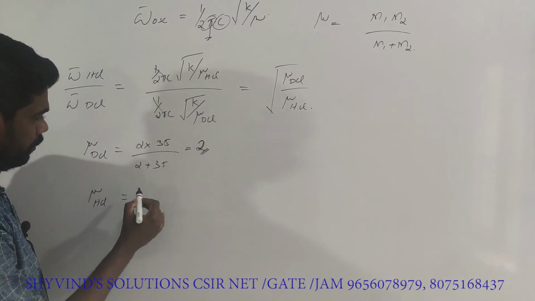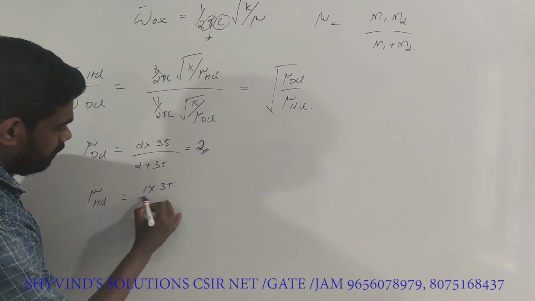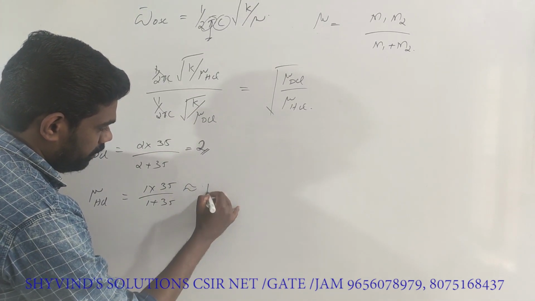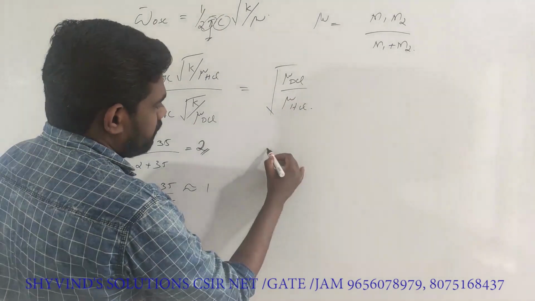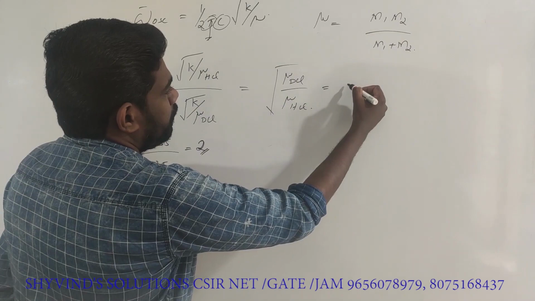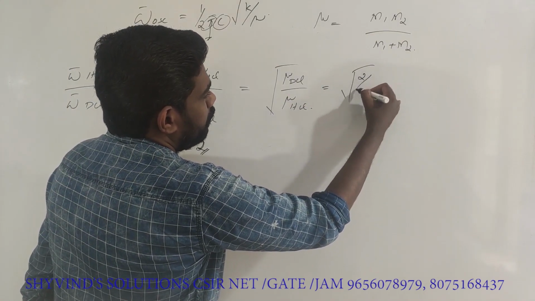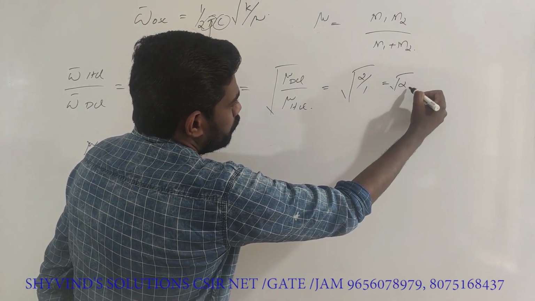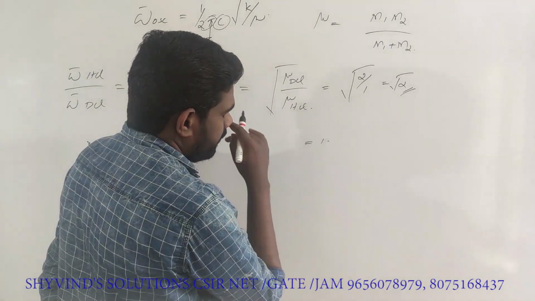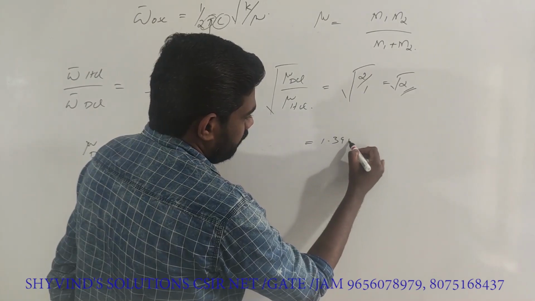Mu HCl will be equal to 1 into 35 divided by 1 plus 35. It is nearly equal to 1. So if you substitute these values here, it will be equal to root of 2 by 1, equal to root 2. So it's nearly 1.4. The answer is given as 1.395.